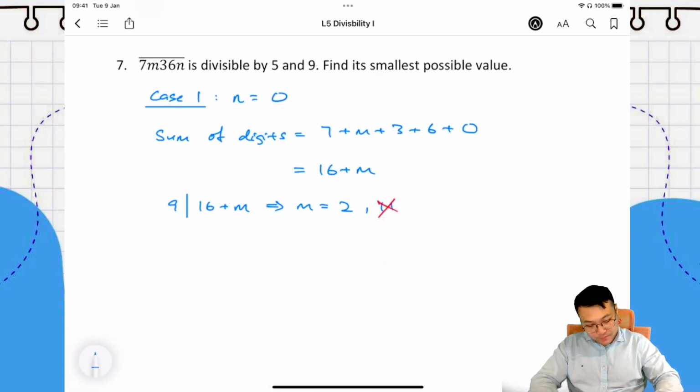So you can say that, therefore, 7m36n is 72360.